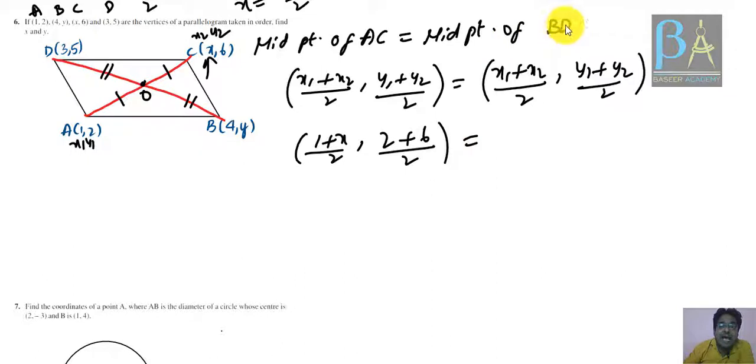And for the diagonal BD, the x1 y1 and x2 y2 values are obviously going to be these. For the diagonal BD, let us say this is x1 y1 and this is x2 y2. So in place of x1 y1 and x2 y2, let us substitute 4 comma y and 3 comma 5.